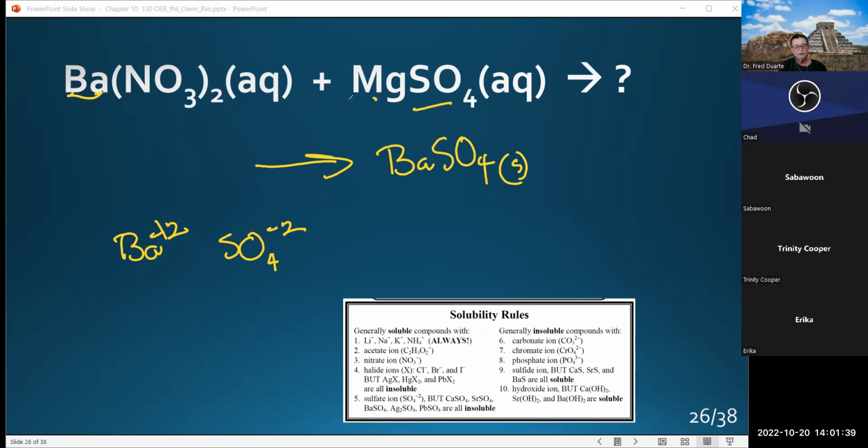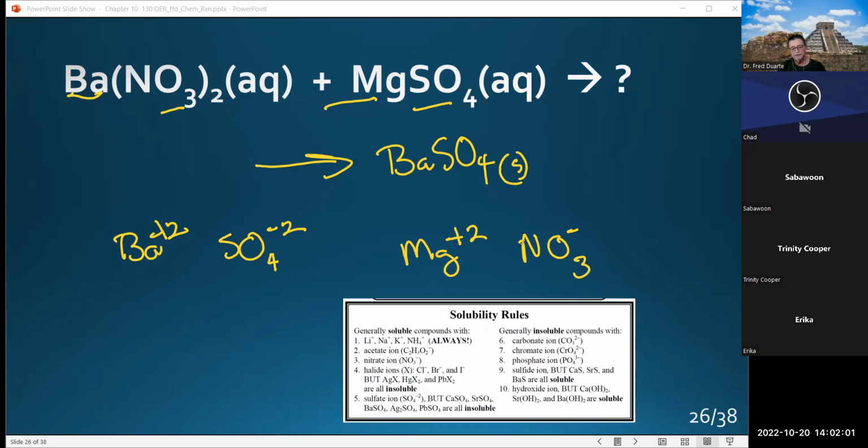Now the next partnership is magnesium and the nitrate. We have magnesium, which is a +2. It's a group 2A element, a metal, and will have a +2 when it becomes ionic. And then the nitrates, if you check your polyatomic ion table, you'll find each to have a -1 charge.